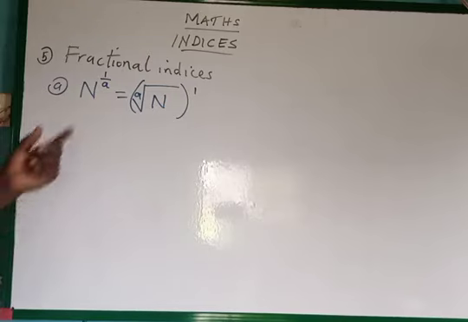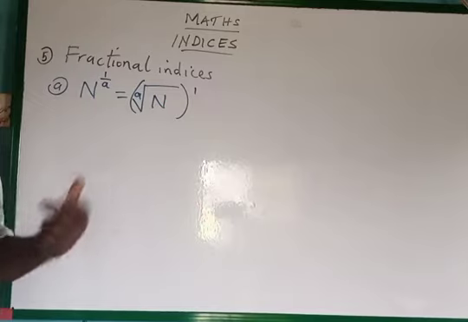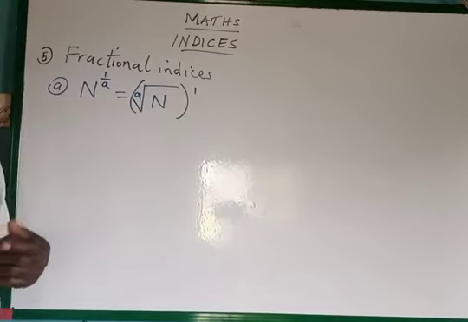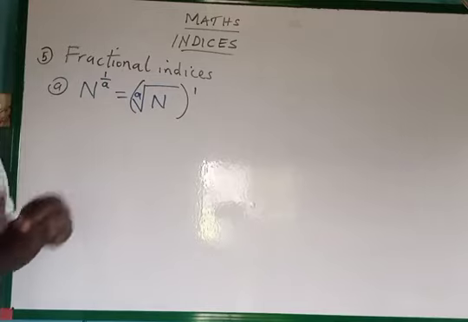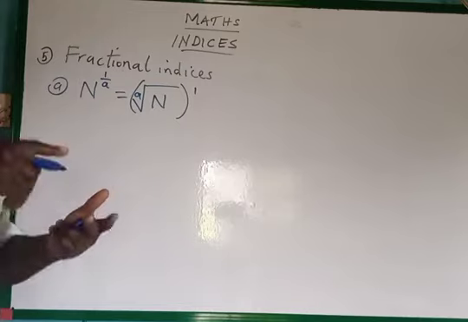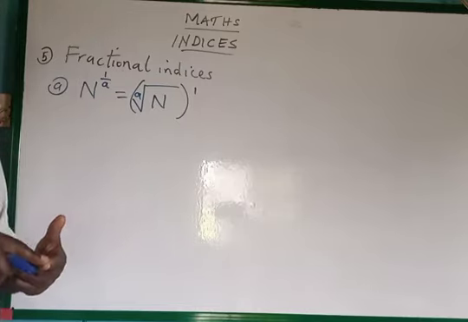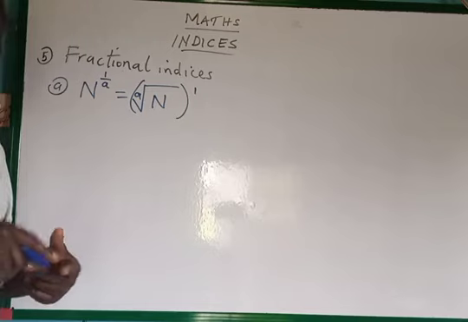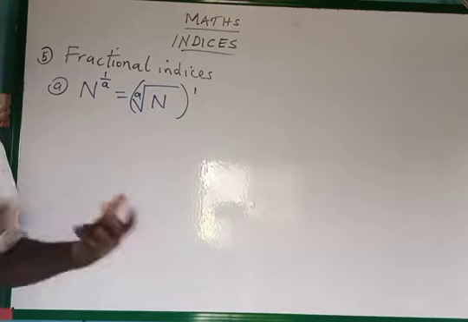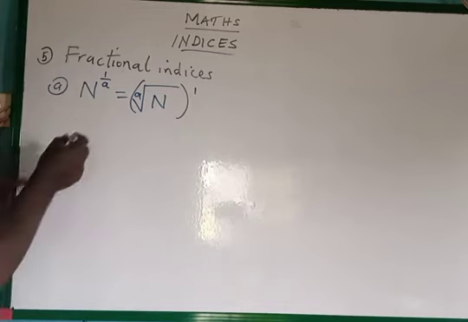In other words, when a number is raised to a fractional index which has 1 as numerator, what they're actually asking you to do is simply to look for the roots of that number. The root could be the square root if it is over 2. It could be the third root or cube root, which is over 3, or the fourth root or fifth root, no matter the case. Now, let us take a sample.